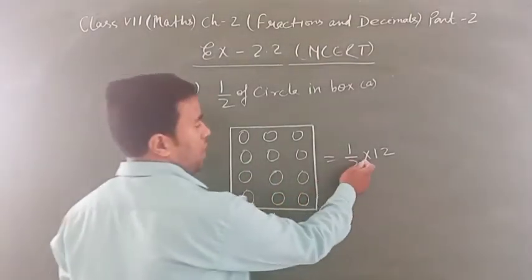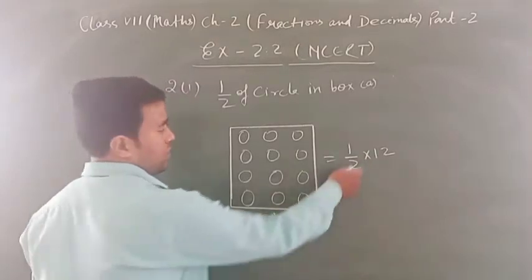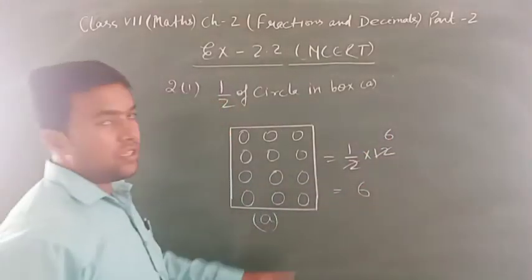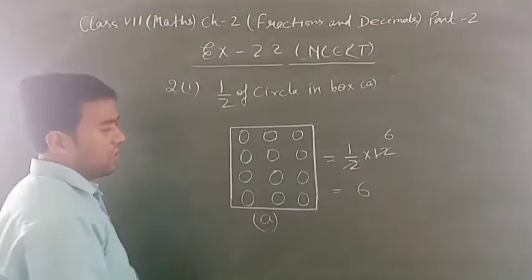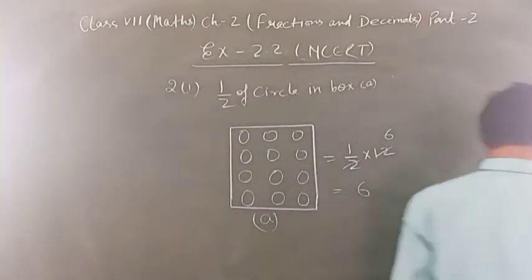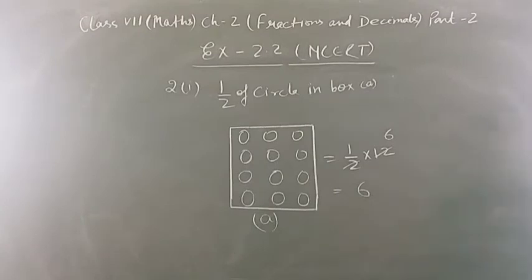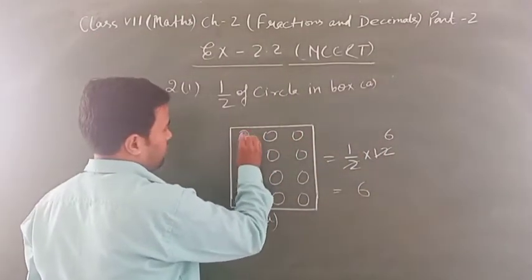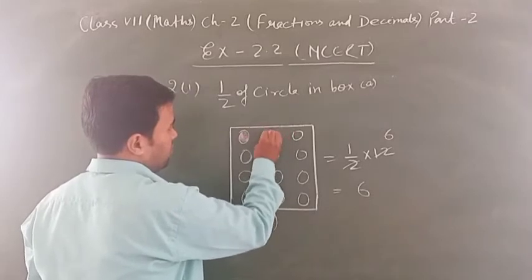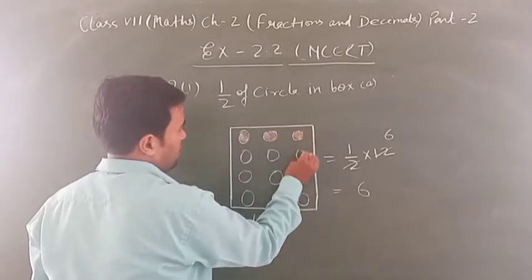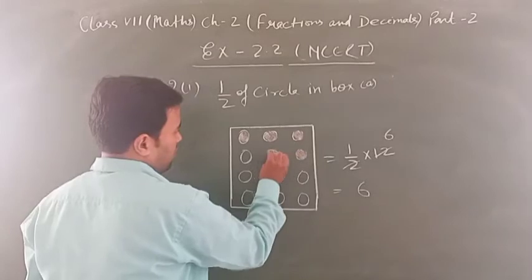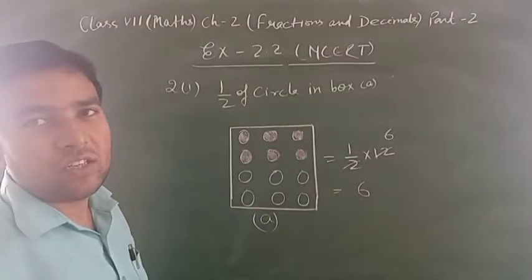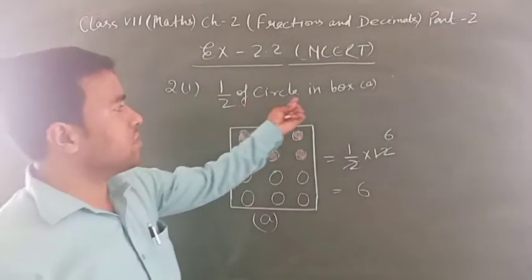So 1/2 of means multiply by 12. 2 sixes are 12, means 6 ones are 6. 6 circles you will set. You will do set 1, 2, 3, 4, 5, 6. 6 parts are set. 1/2 of the circles in the box.